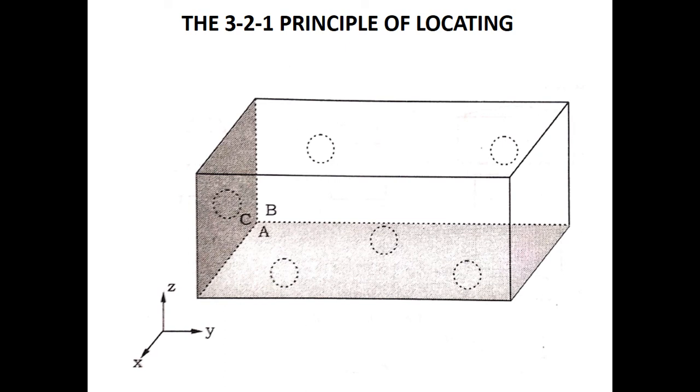This block is supported at the bottom surface by 3 pins fixed over the flat surface. You can see the bottom surface I marked as A, then B, then C.